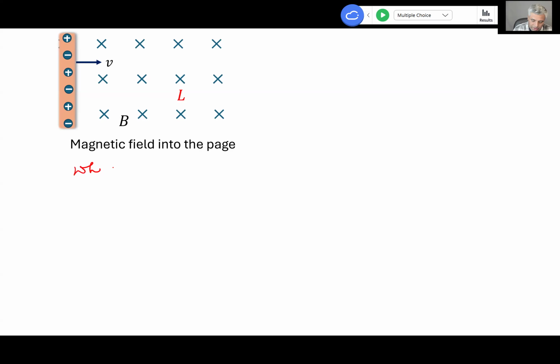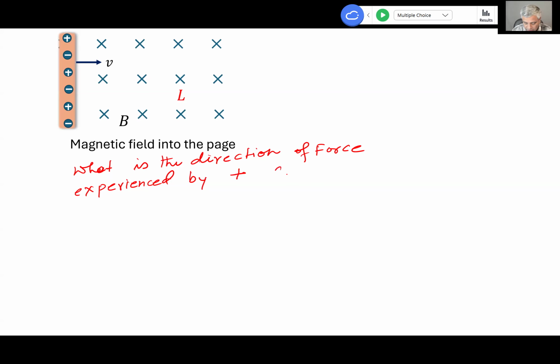What is the direction of force experienced by positive charges?